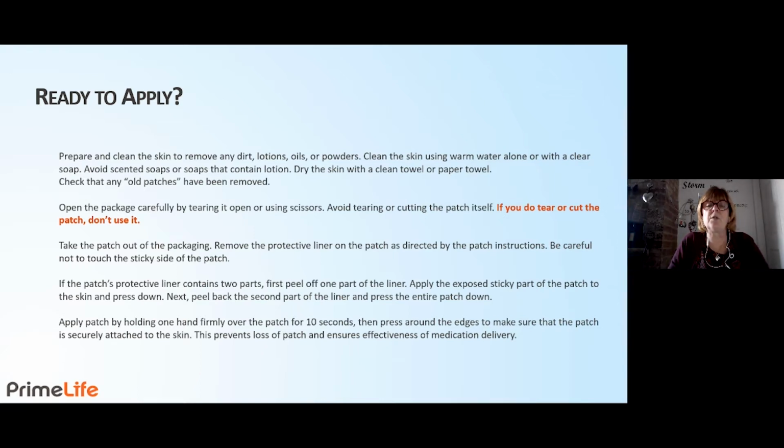Apply the patch by holding one hand firmly over the patch for 10 seconds, then press around the edges to make sure that the patch is securely attached to the skin. This helps prevent loss of the patch and ensures effectiveness of medication delivery. Do not apply a new patch to a previously used patch site for at least 1 week, so skin irritation is reduced.